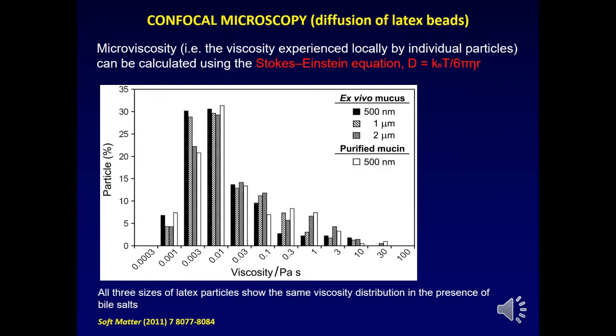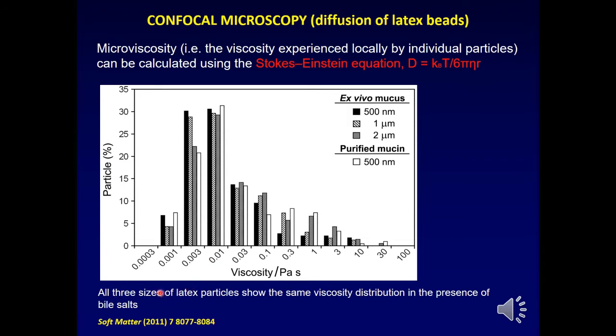In any experiment where spherical particles with well-defined sizes express free diffusion in mucus, the MSD data can be used to calculate the diffusion coefficient of each and every particle diffusing in the mucus. And then the diffusion coefficients can be used to calculate the microviscosity of mucus. Here we have an example of experiment where particles were used to probe heterogeneity of mucus.